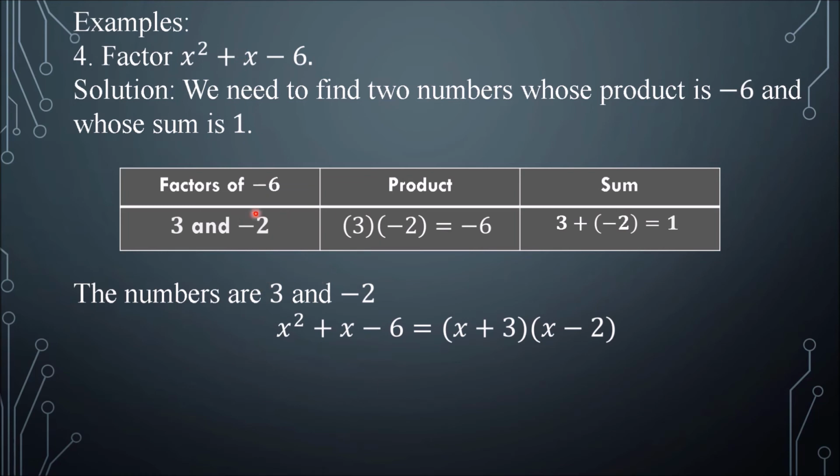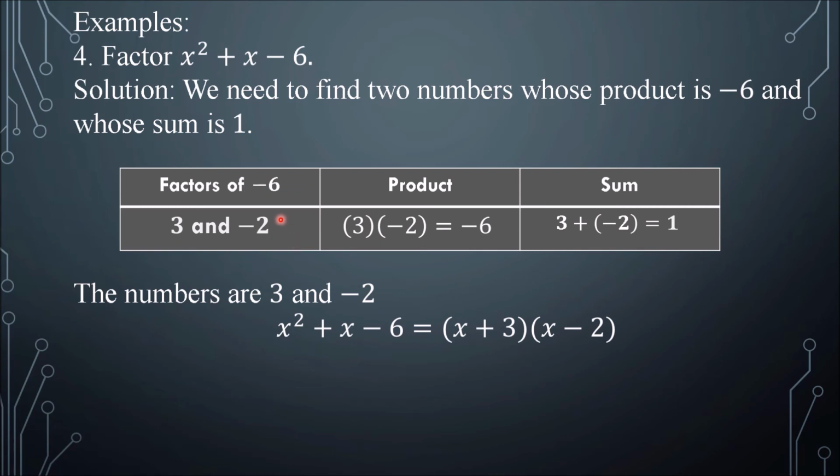Now, let's have factors of negative 6. Because it is negative, that first number must be positive and the second number must be negative. So we have 3 and negative 2. Why not negative 3 and 2?